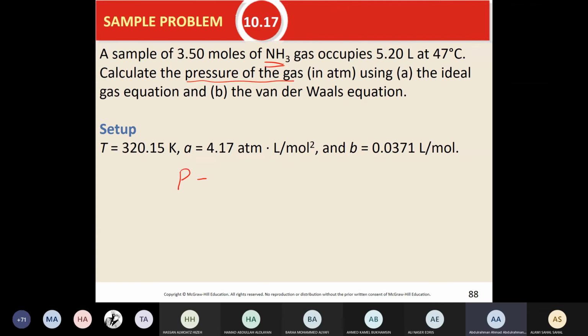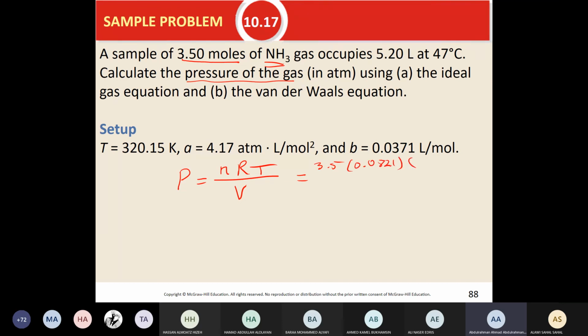We know that the pressure is equal to what? nRT over V. What is n? 3.5. Okay. What's R? 0.0821.